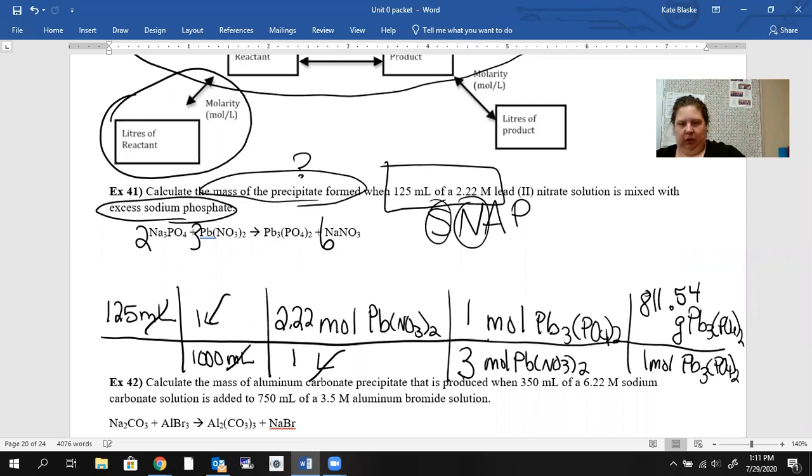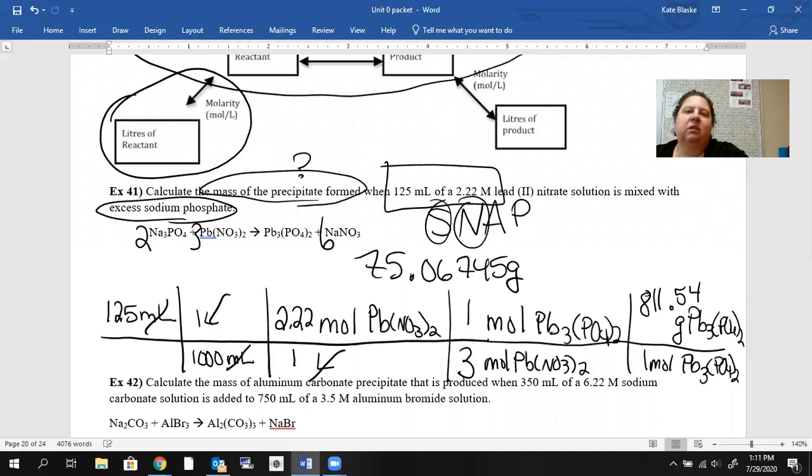So now if I do the stoichiometry, I multiply everything: 125 divided by 1,000 times 2.22 divided by 3 times 811.54. That gives me an answer of 75.06745 grams.